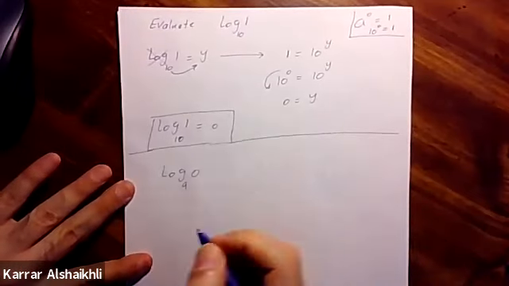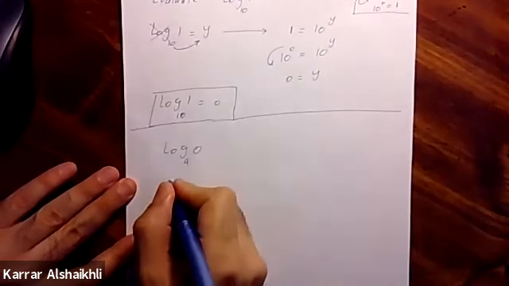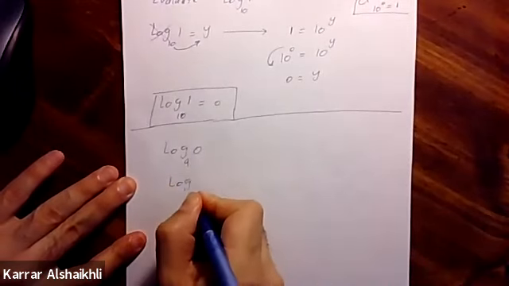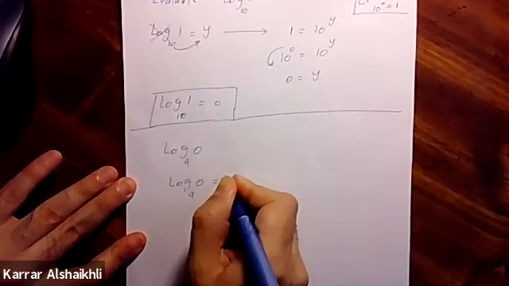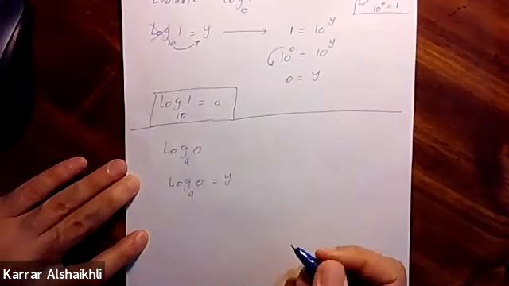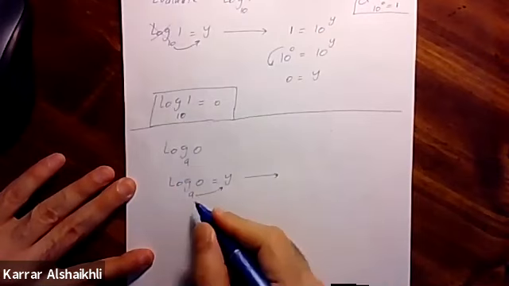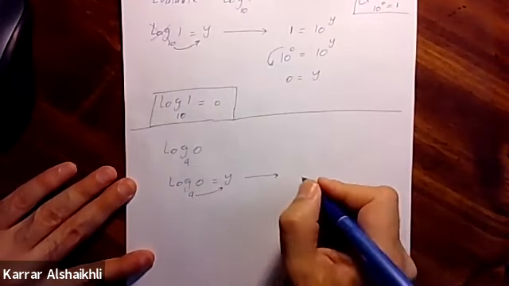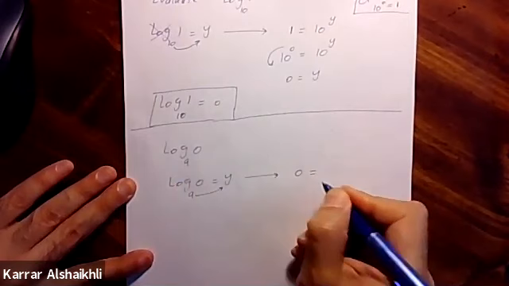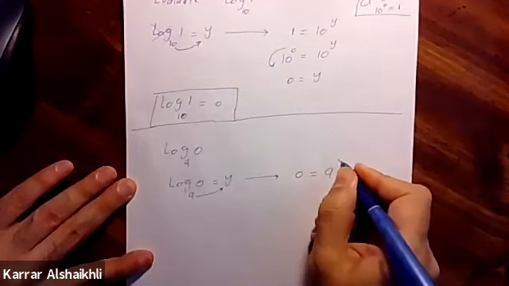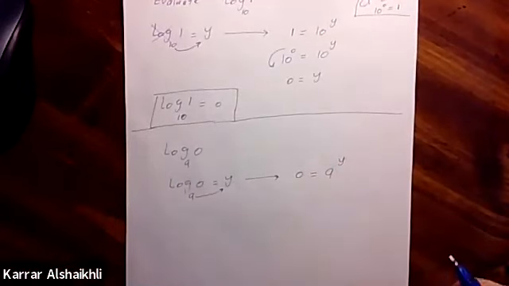So I'm going to write down log to the base 9 of 0 equals y. Then I'm going to convert to the exponential form by moving the base from here to the other side. So the leftover here is going to be 0 equals 9 to the exponent y.